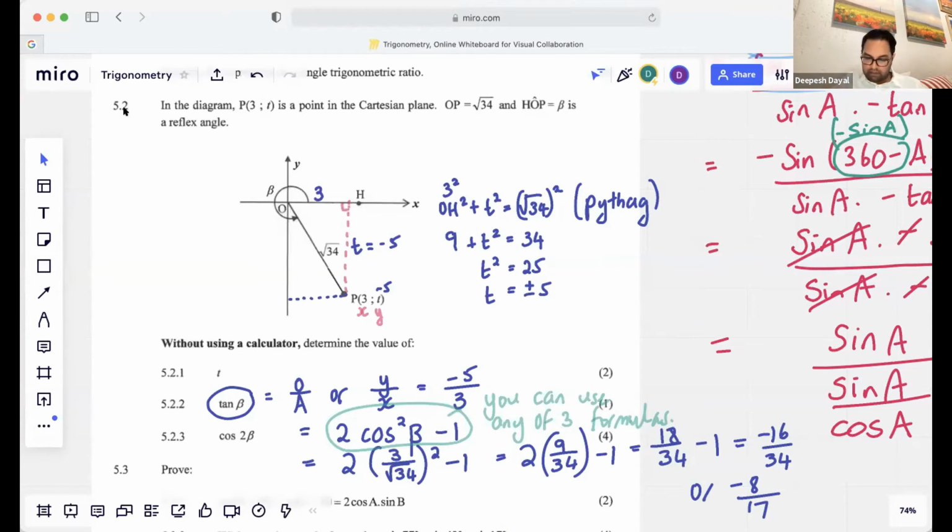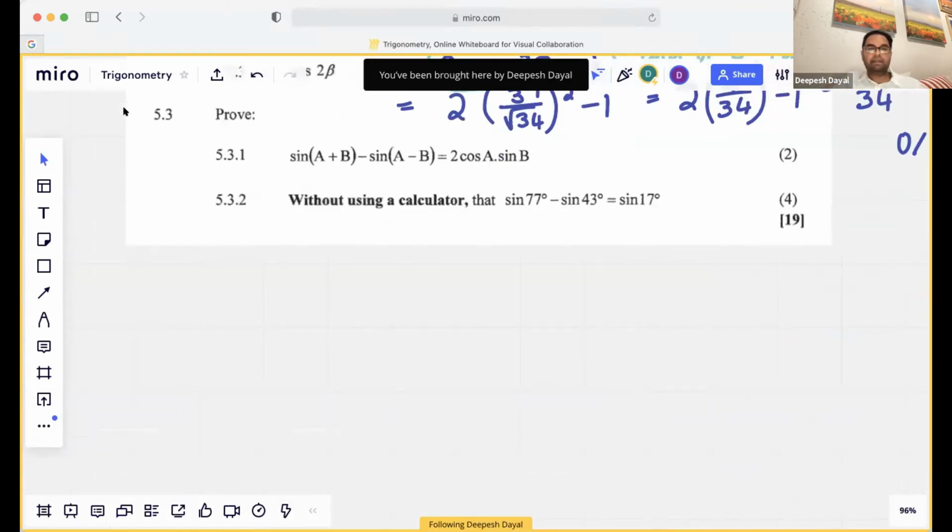Okay, now I'm going to give you the next one to try. It says prove that sine A plus B minus sine A minus B equals 2 cos A sine B. And we need to prove it, right?